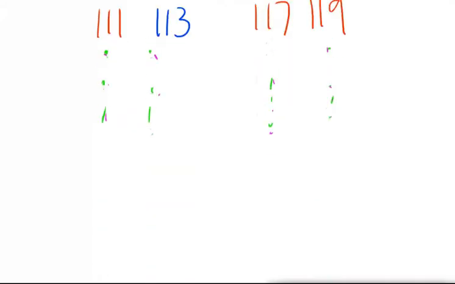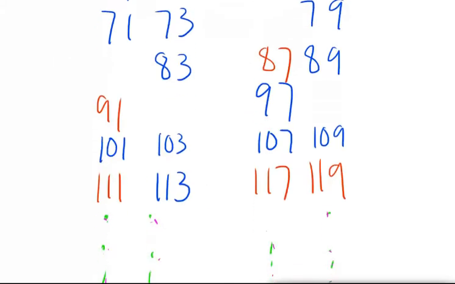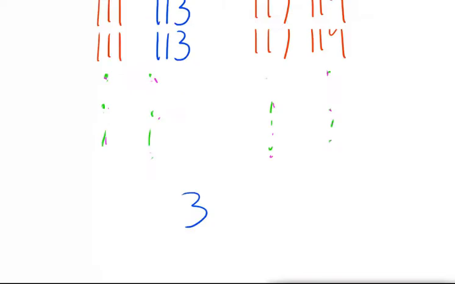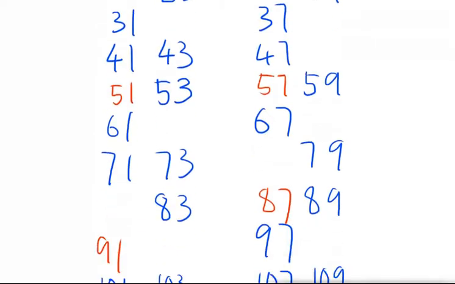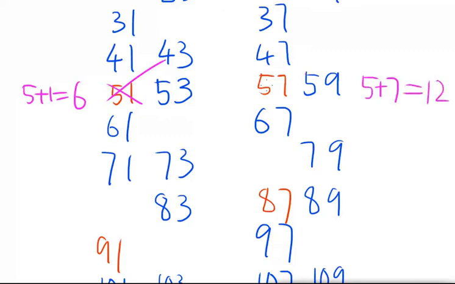Well, eventually, I grew a little older. I learned the divisibility test for 3. The divisibility test for 3 is you add all the digits up and see if it's a multiple of 3. Well, 5 plus 1 is 6, so goodbye. 5 plus 7 is 12, which is a multiple of 3.